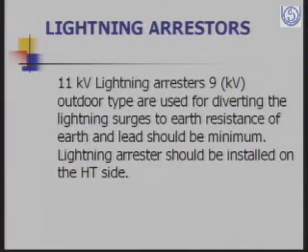The lightning arrester is usually installed on the HT side of a distribution transformer, but the practice in our systems has been that we have not been installing lightning arresters on the distribution transformers, and the distribution transformers have been failing due to voltage surges. We should be installing lightning arresters, but it has been observed in most of the utilities that they do not install these. They just place the distribution transformer.